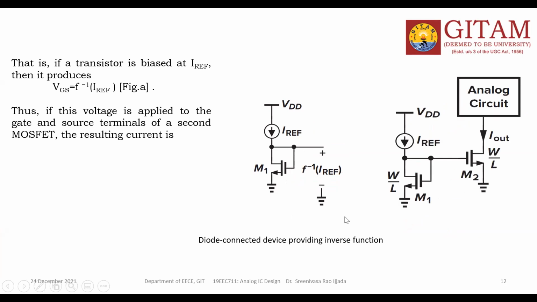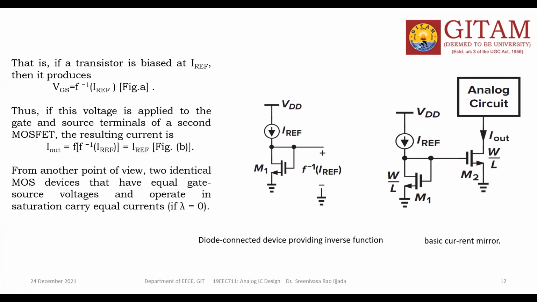I told you the same thing: I out is equal to this one. From another point of view, M1 and M2 are two identical MOS devices having the same geometrical widths and lengths. Then equate the gate-source voltages and the saturation currents. So this is the main concept.